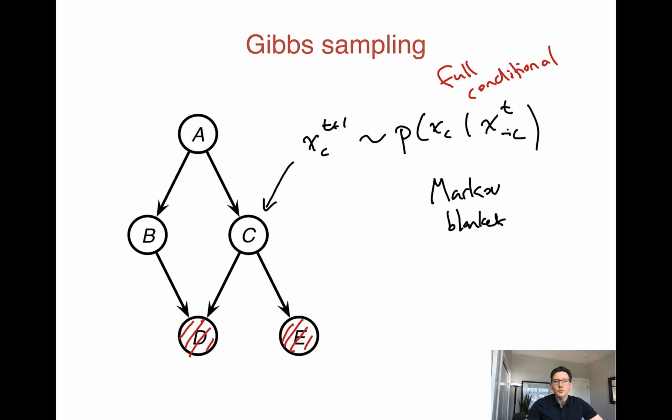Now, something that's pretty surprising is that this procedure, if you run it for long enough, will converge to the true distribution p of x. That is, our samples are going to be such that they're drawn from the true distribution.